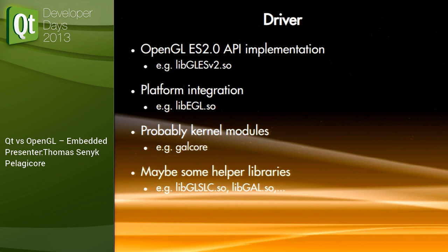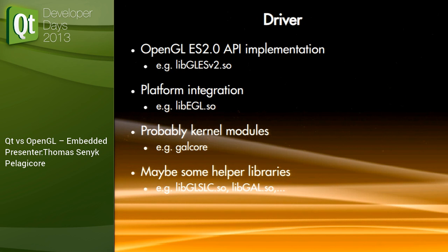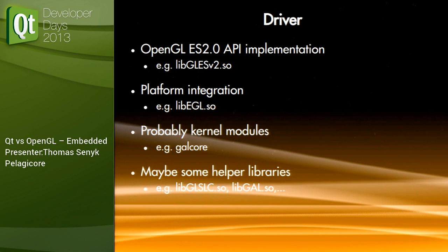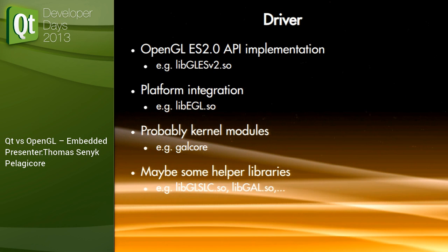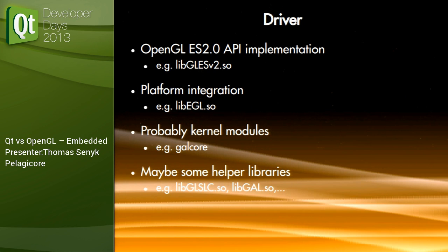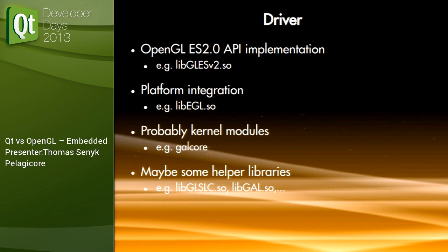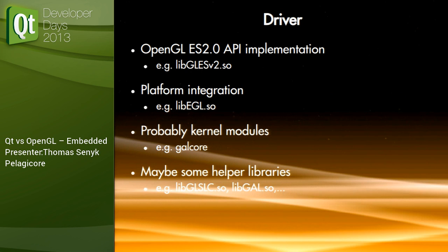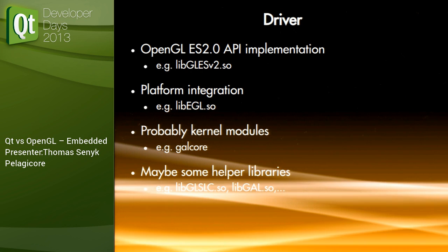It's not a library. There's no real code just out of the blue. It's just the API. And if you get an OpenGL enabled driver, then there needs to be an implementation of this API. On Linux, this is typically called libGLESv2.so. That's one aspect of the driver.